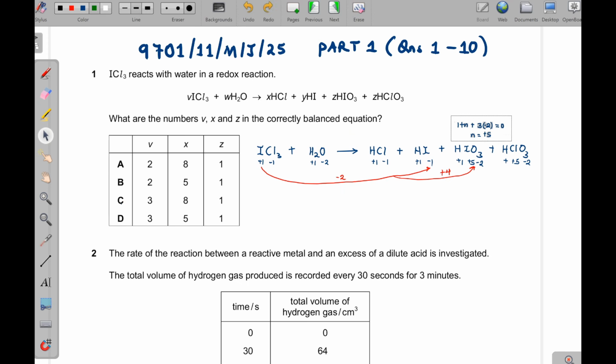Let me just look at the change from here to here. You see that? So from -1 to +5, I think that is a +6. -1 plus 6, you get the +5.